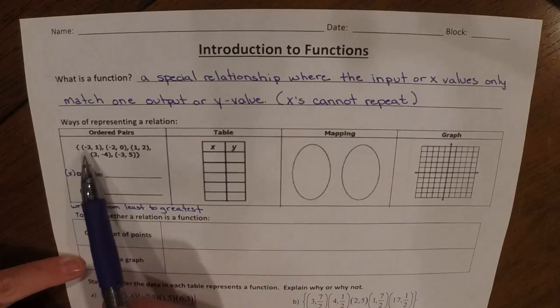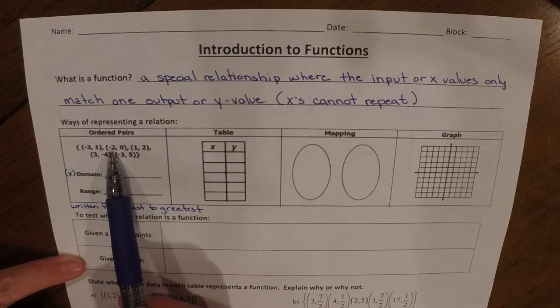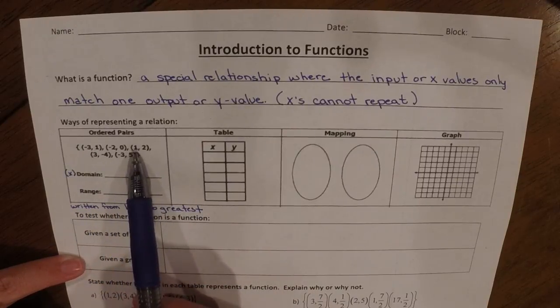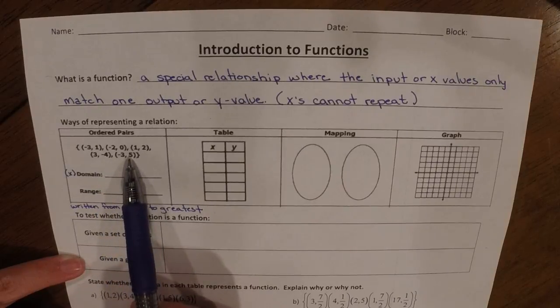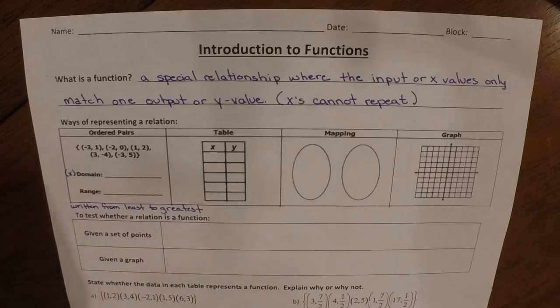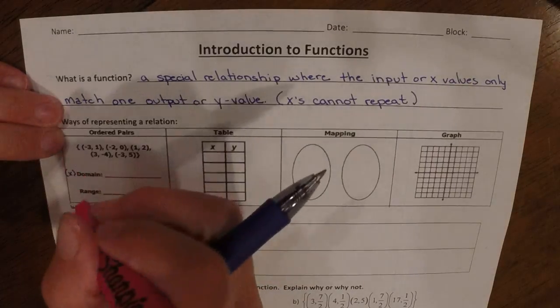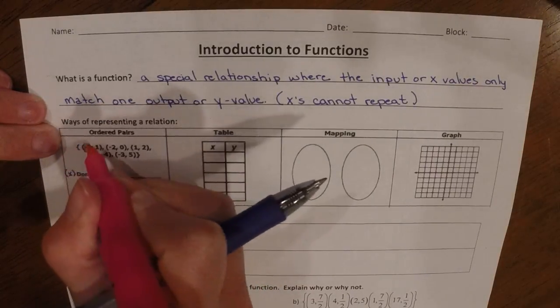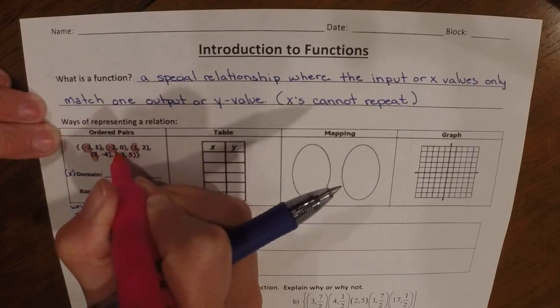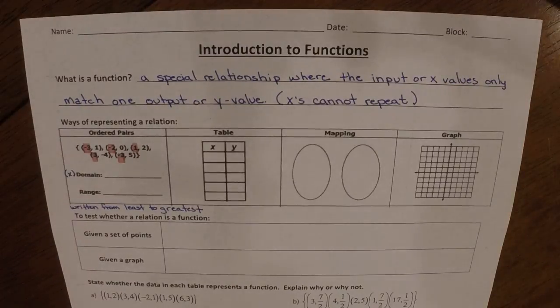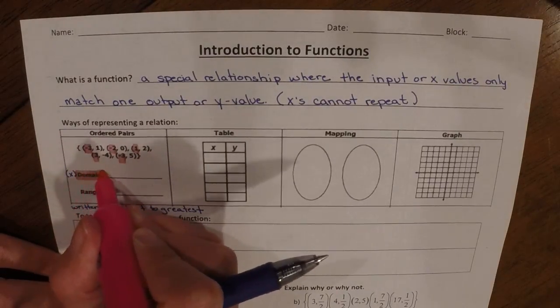So if I look at -3, 1, -2, 0, 1, 2, 3, -4, and then -3, 5, all of the domains would be the first numbers. So we would be looking at the -3, the -2, the 1, the 3, and the -3. Those are going to be our domain.